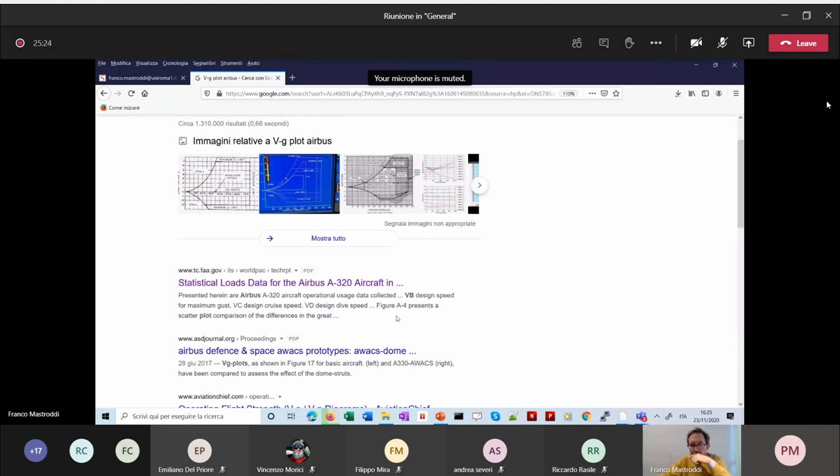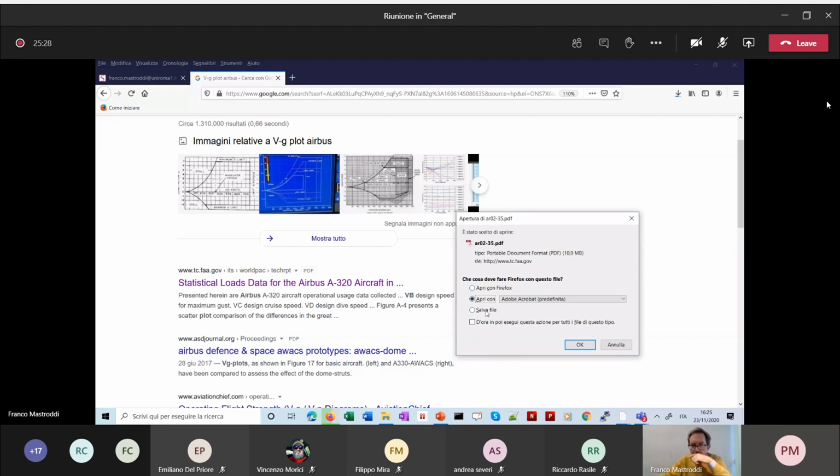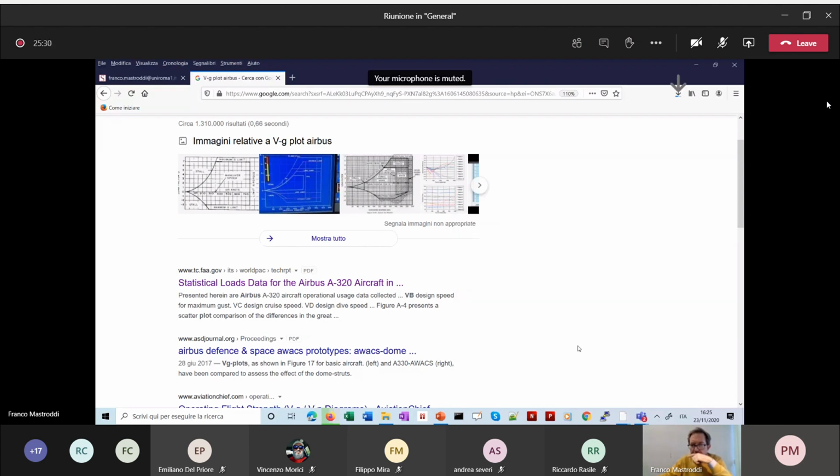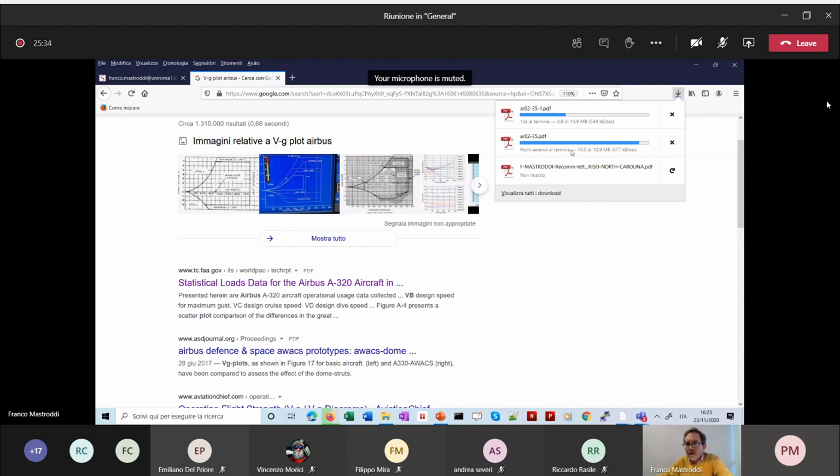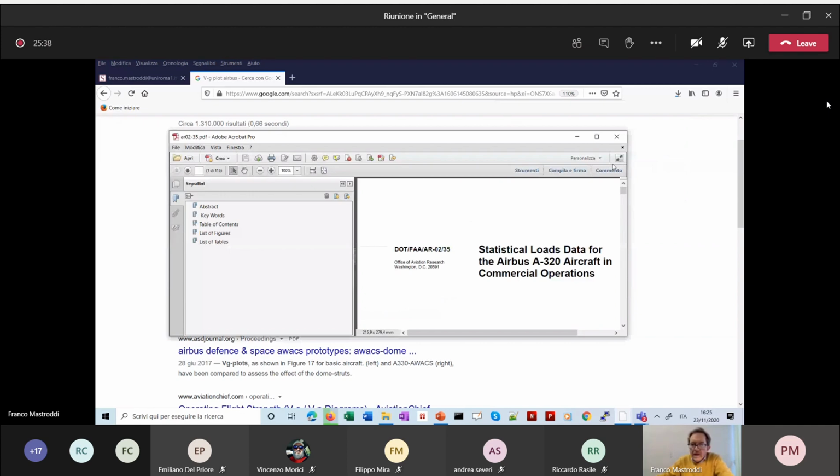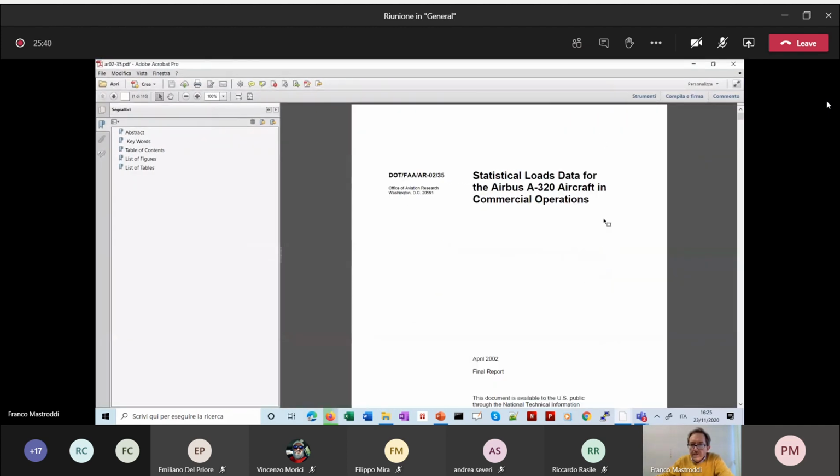Okay, so this is, for example, the statistical loss data for Airbus A320, and probably here we have something on VG plot.